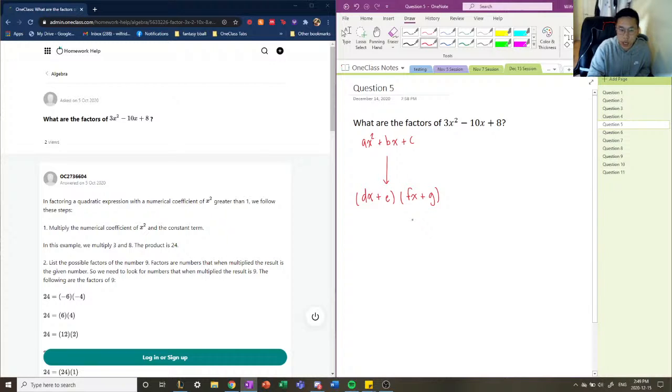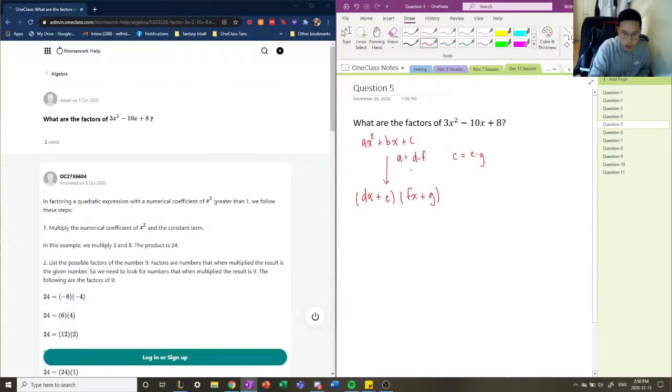Okay, so the trick with this is that our coefficients of d, e, f, and g relate to a, b, and c somehow. This is the correlation between them. So coefficient a equals d times f. So d and f are factors of a, actually. For c, the factors are e and g.